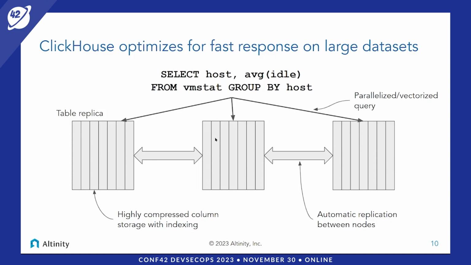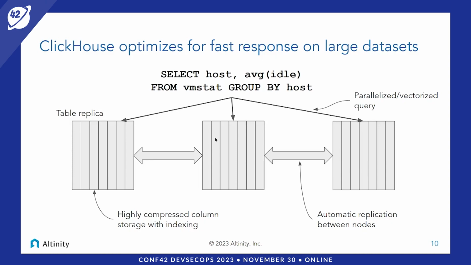So, as I mentioned, ClickHouse is optimized for very fast response on large data sets. If you look at its storage, you'll quickly see that each column is stored separately, basically as an array. When you look at the on-disk representation, each column has a couple of files that represent it.